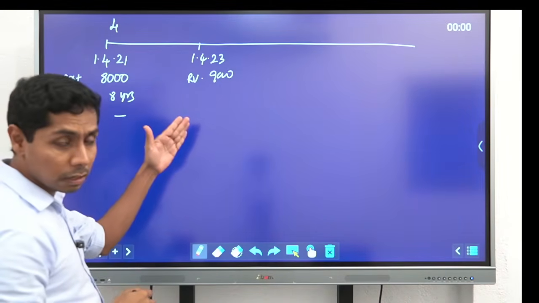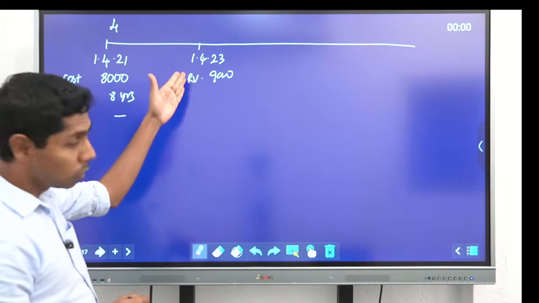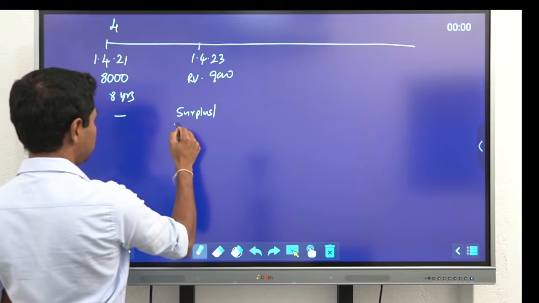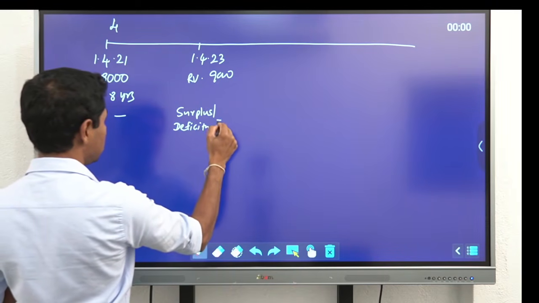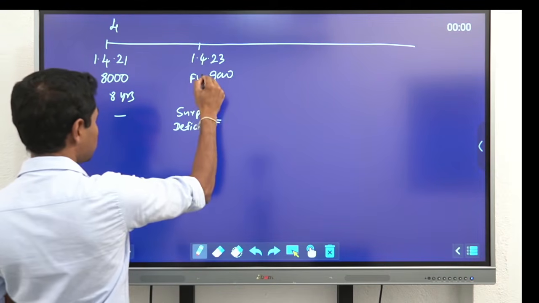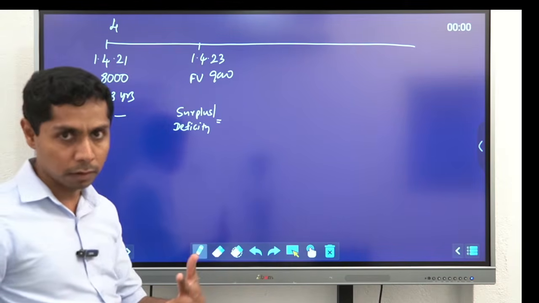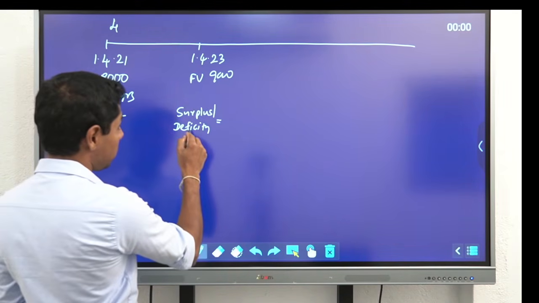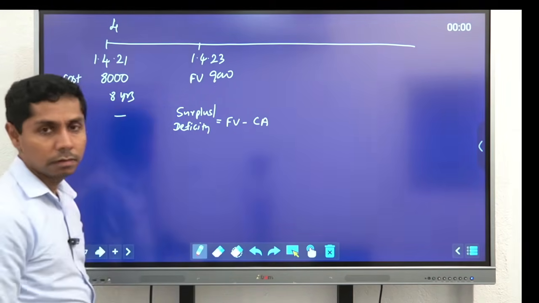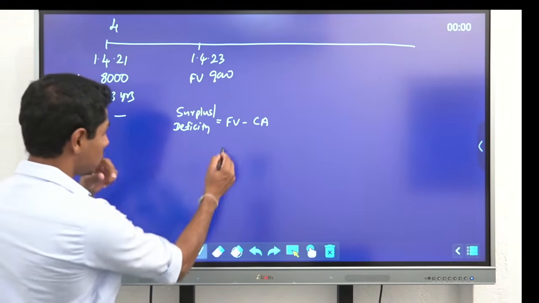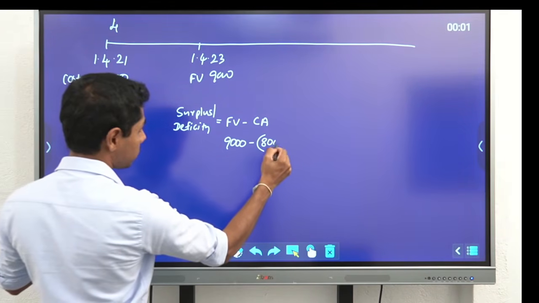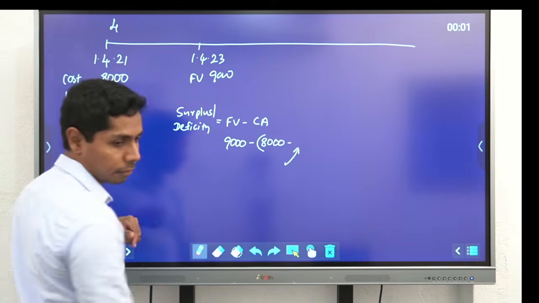So let's calculate the revaluation surplus or deficit on this date, right? Surplus or deficit is always equal to the fair value minus carrying amount, because normally we revalue at the fair value. Now we revalue the asset at 9,000, so the fair value is 9,000. Carrying amount is the cost of 8,000 minus accumulated depreciation.